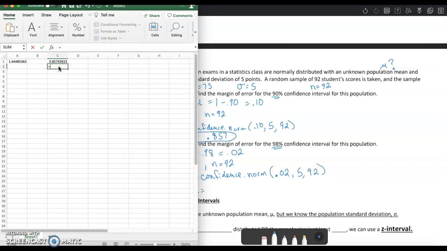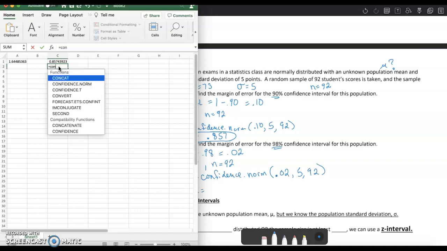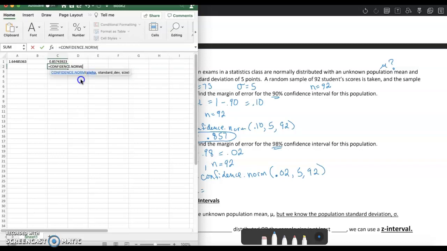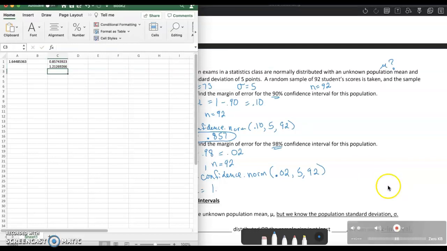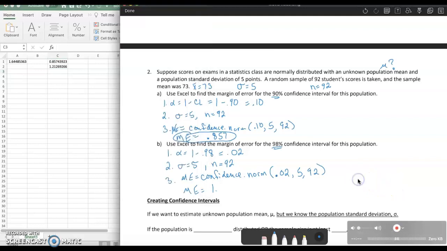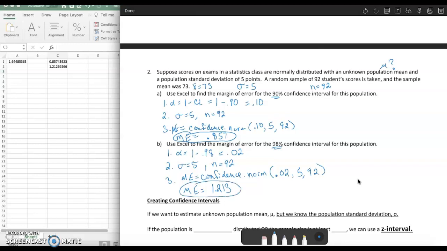Oops, I'm typing what I'm saying instead of what I should type. Okay, so confidence.norm again, this time 0.02, 5, and 92. And what happened was what I expected. In this case, we get 1.213. So our margin of error did get larger when we increased our confidence level.